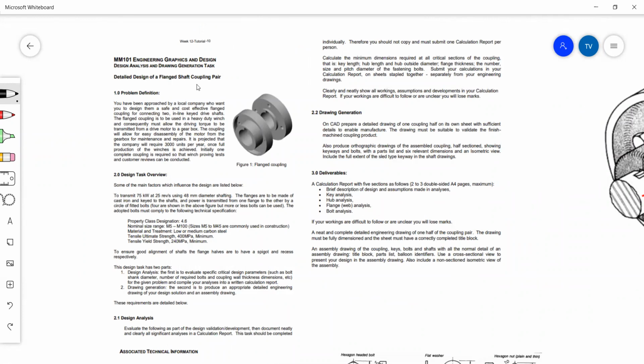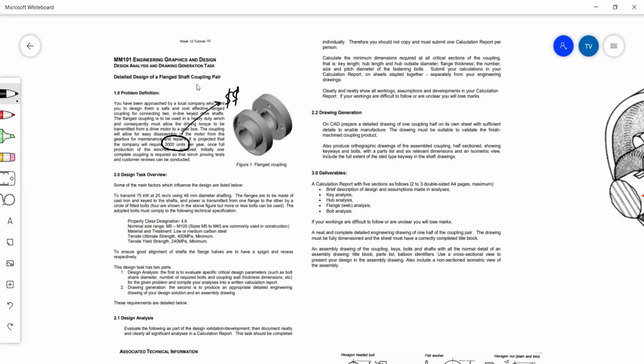The fact that the client is willing to purchase or produce 30,000 units per year lets us know that the client is investing a lot of money. And that's almost the problem statement for this assignment. The client is willing to invest so much money to make these parts. We have to make sure that it'll actually work. And there's no room for trial and error. There's no room for guesses. We have to be sure. So that is the reason why we have to do a calculation report.